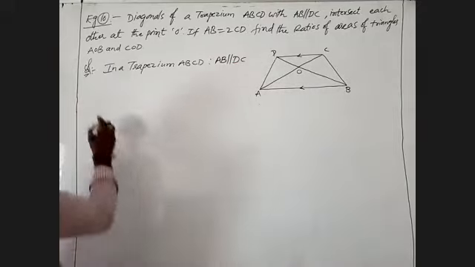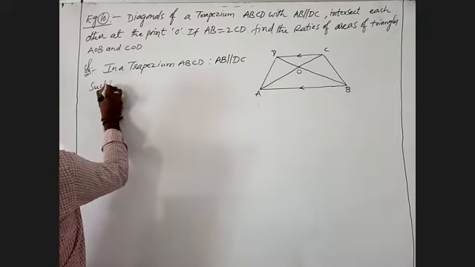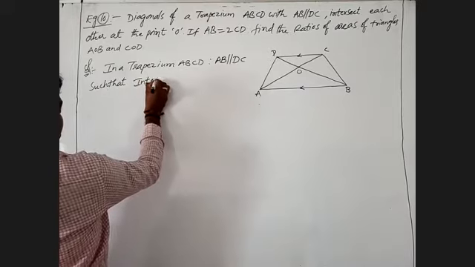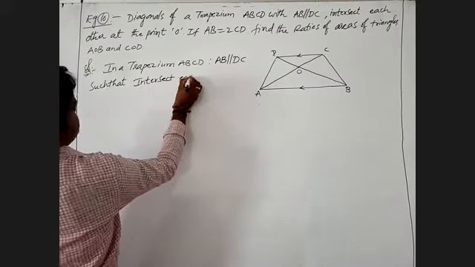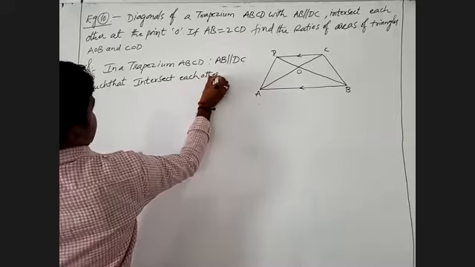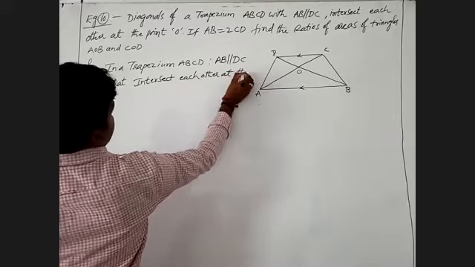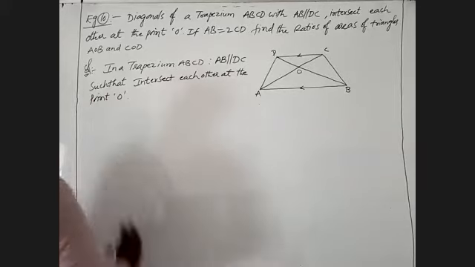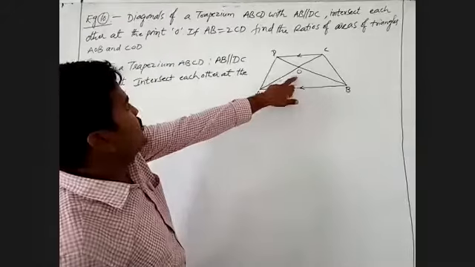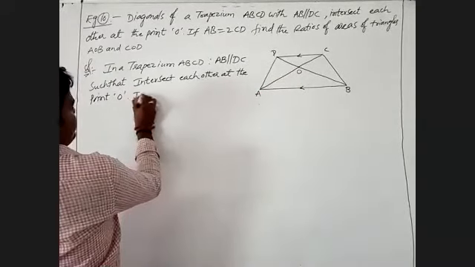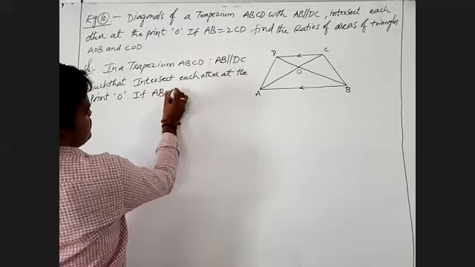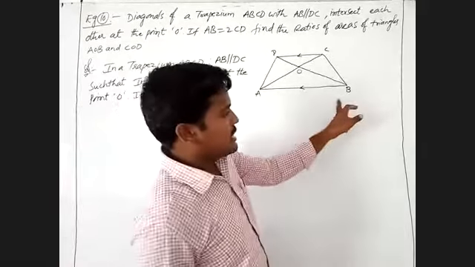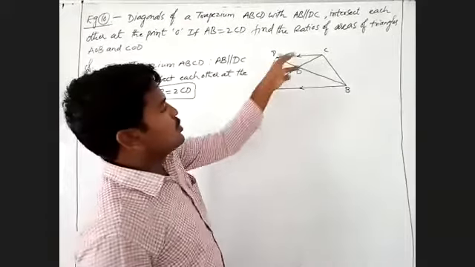One more thing is given: the diagonals intersect each other at the point O. If AB is equal to 2 times CD, that means AB is 2 times the length of CD.